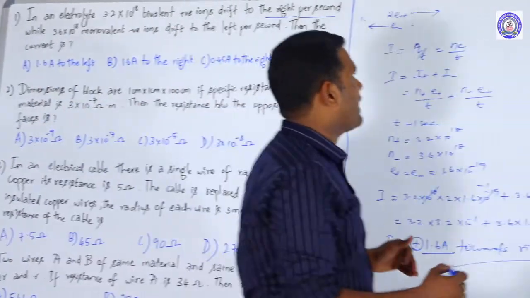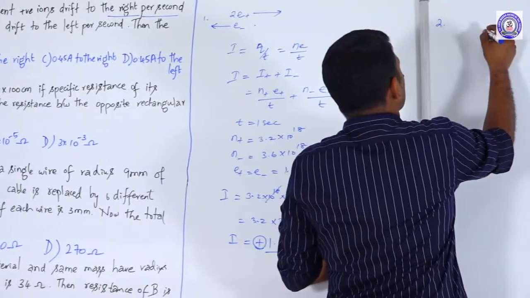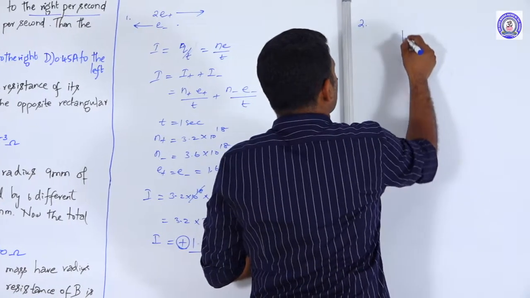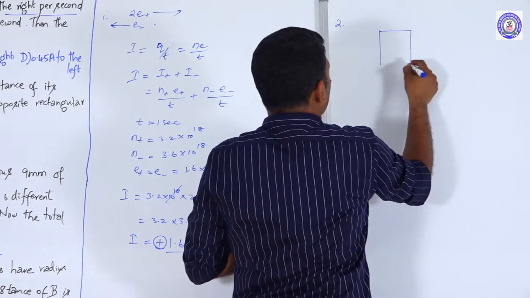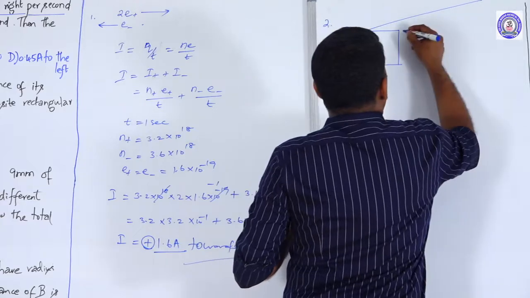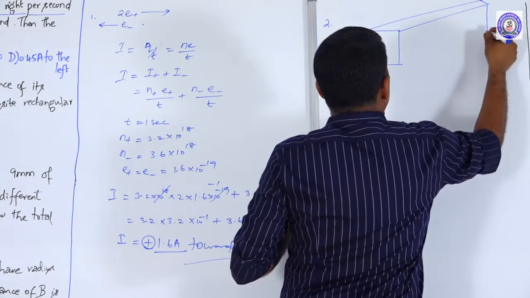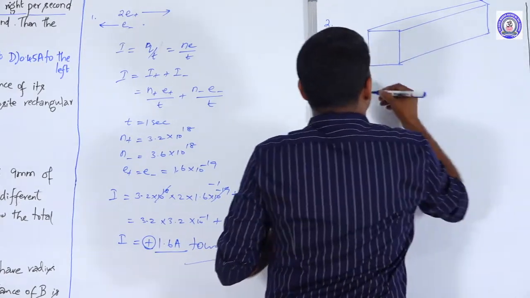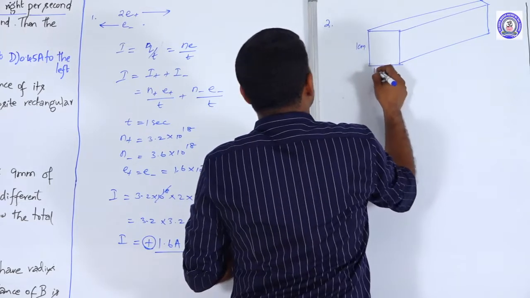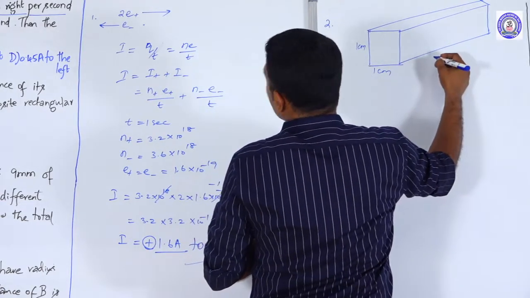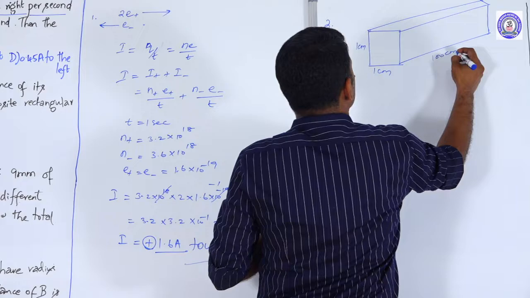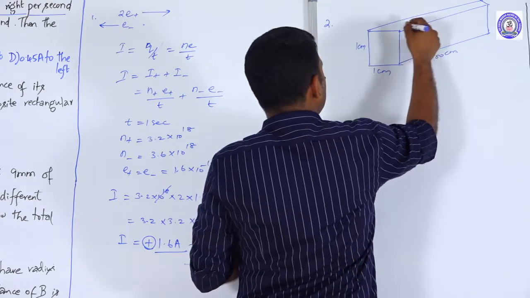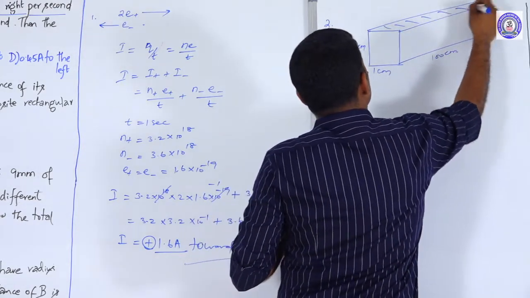So we have to draw the diagram here. They have given 1 centimeter, 1 centimeter, and then 100 centimeter. This is the rectangular face.